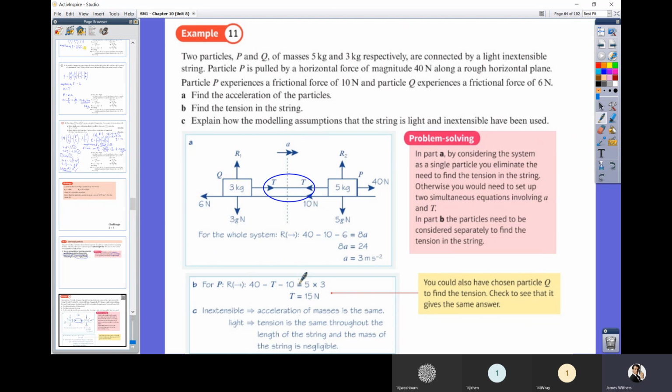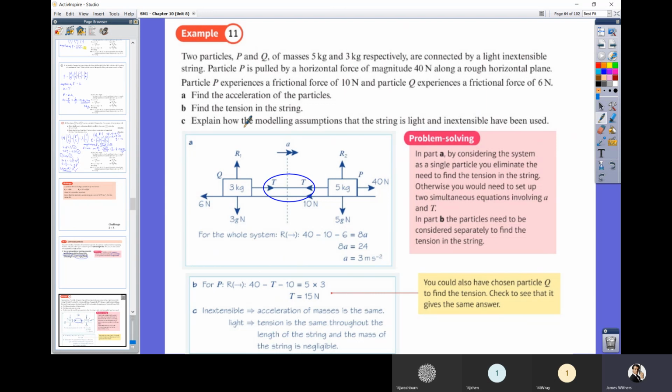That's our net force. That equals our mass of P, 5, times the acceleration of 3 that we've just worked out. So our only unknown is the tension, and we can work out that the tension is 15. Just like they're saying there in the yellow box, if you do the same workings for Q in isolation, you will also get the tension being 15.